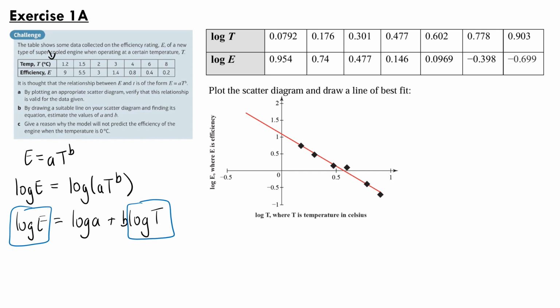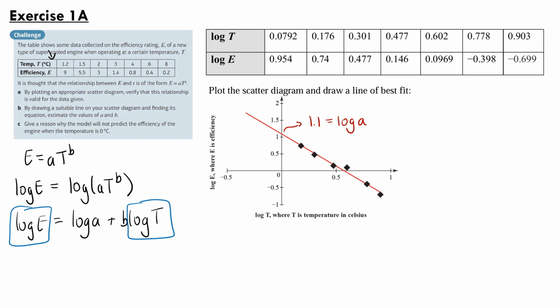Part B asks us to find the equation of this straight line and to estimate the values of A and B. From this diagram, we can see that roughly the y-intercept is about 1.1, and that's going to be equal to log of A. Then we've got the gradient, which we can work out using the rise over the run.